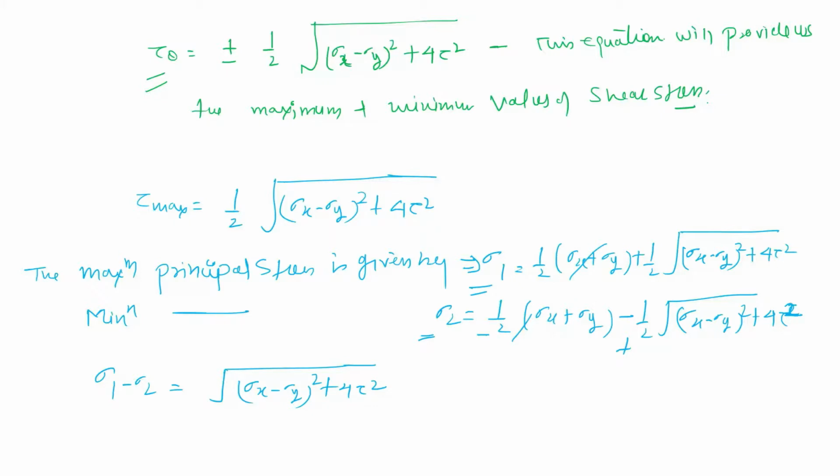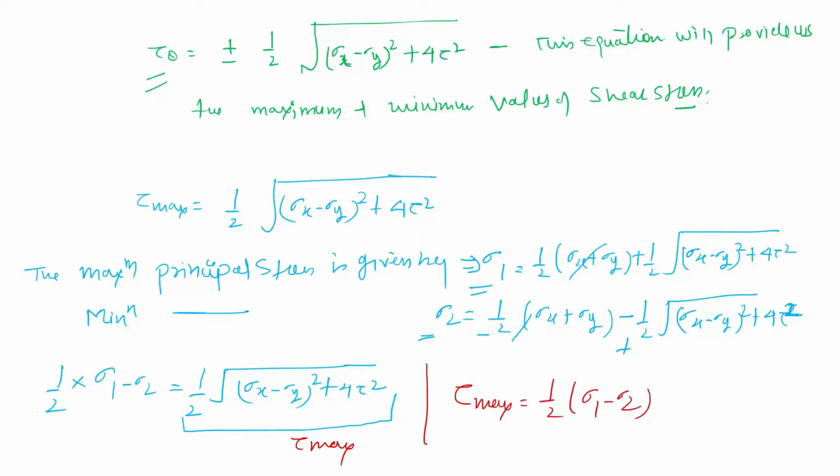Now if we multiply this equation by 1 by 2 on both sides, we know this is the value of tau maximum. So tau maximum can also be given by 1 by 2 (sigma 1 minus sigma 2), where sigma 1 and sigma 2 are the major and minor principal stresses. So tau max can be obtained using these two principal stresses also.